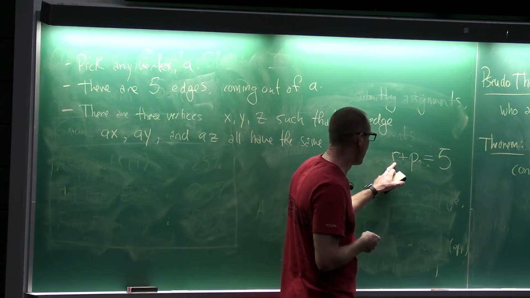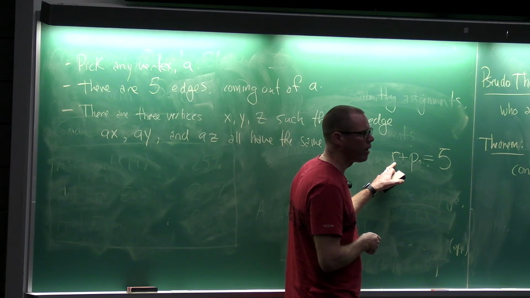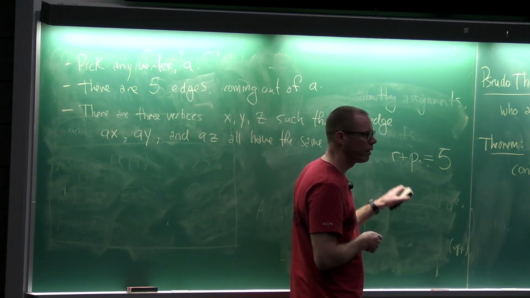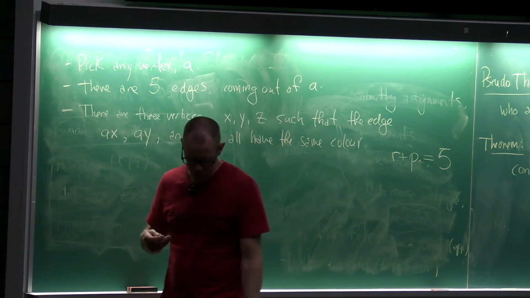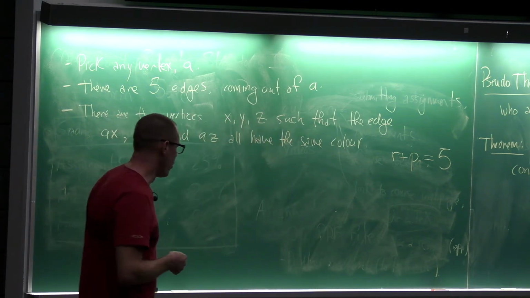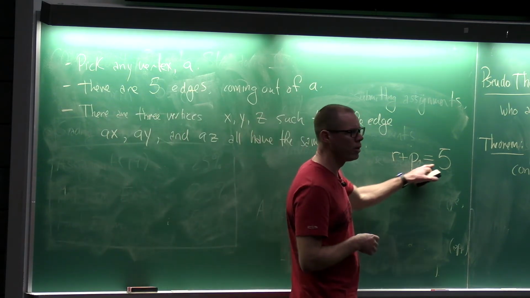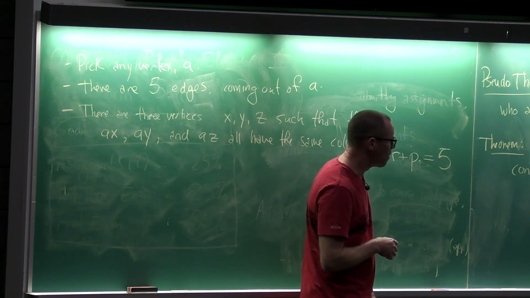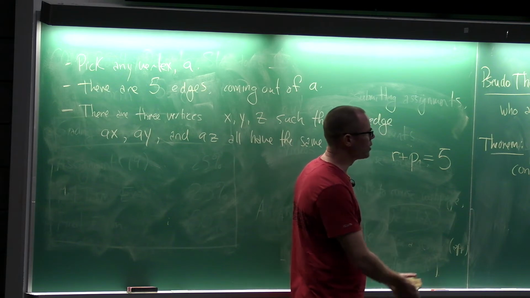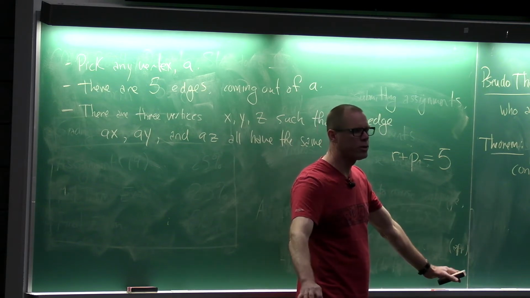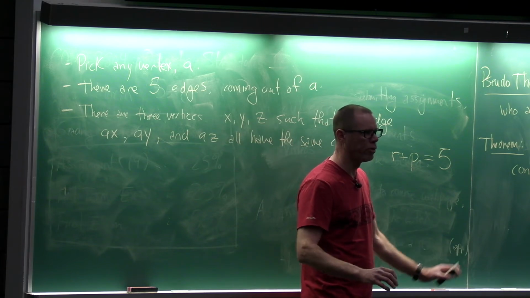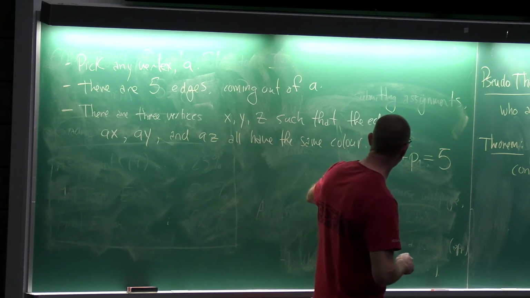And similarly, if I have 3 or more red edges coming out of A, then there are 3 red edges coming out of A. That's enough. That's actually an example of something we'll see more rigorously in this course. This is what's called the pigeonhole principle. What happened here is 5 edges were split up into 2 groups, so one of the groups has size at least 3. In this case, the red group has size 4.